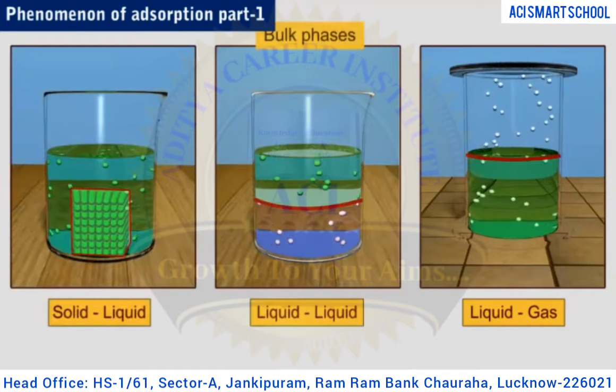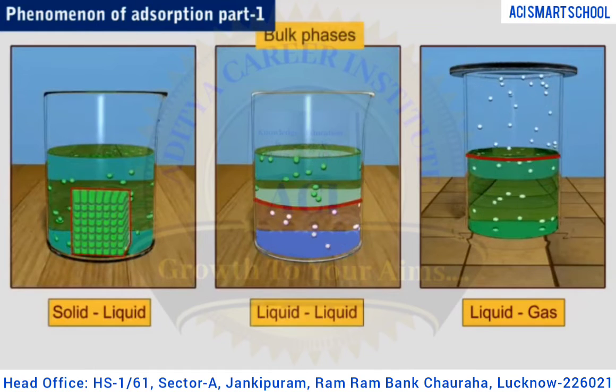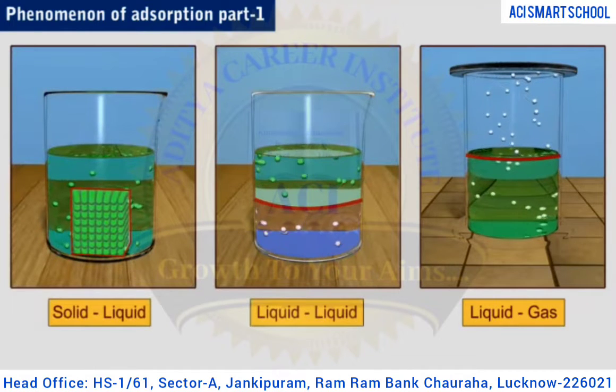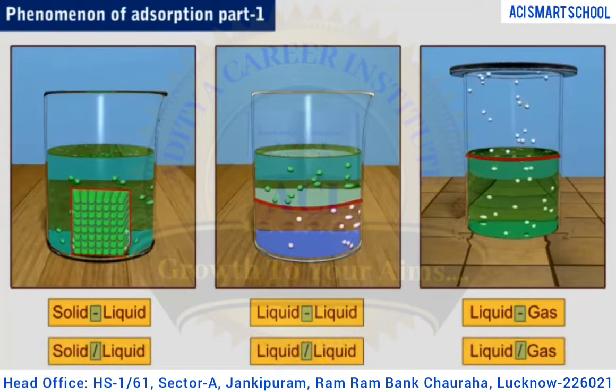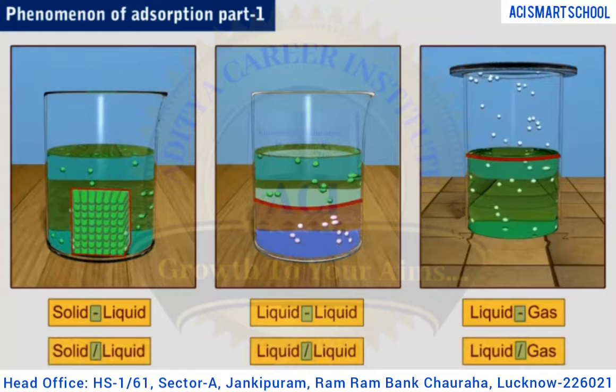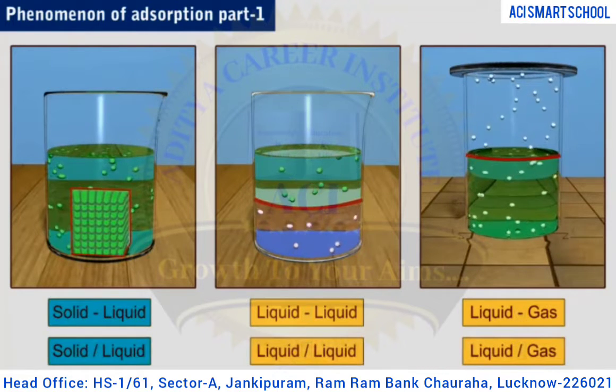The two bulk phases refer to pure compounds or solutions involved in the reaction. The interface is represented by putting a hyphen or slash between the two bulk phases involved. For example, solid-liquid or solid-gas.